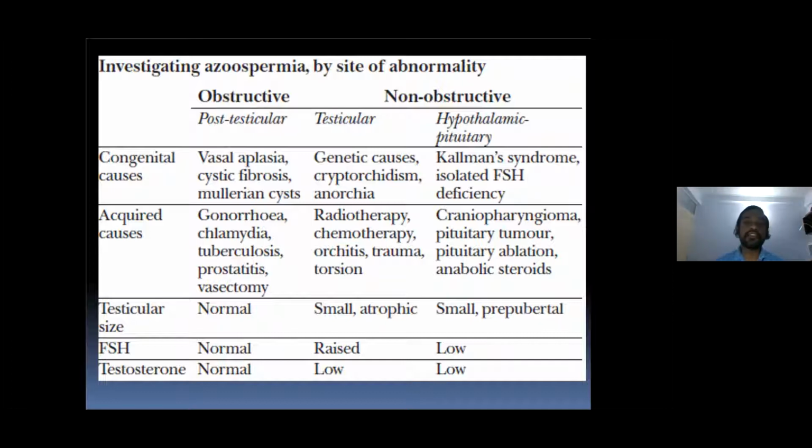In such cases, a transrectal ultrasound scan is requested. That is the normal pathway. So not in the initial parts, but midway through the evaluation, the transrectal ultrasound is requested.